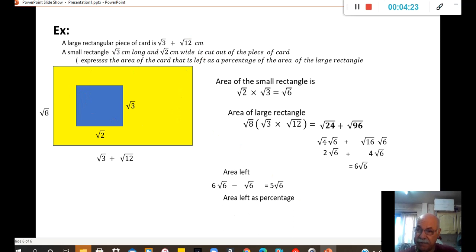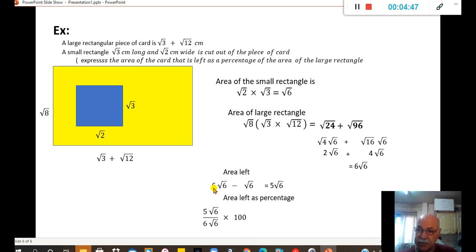So the left percentage, he needs this answer from me. To change this answer from centimeters to percent, we just multiply by 100.